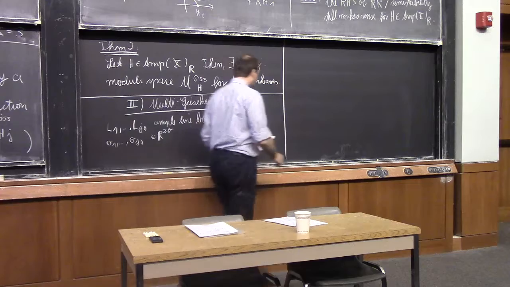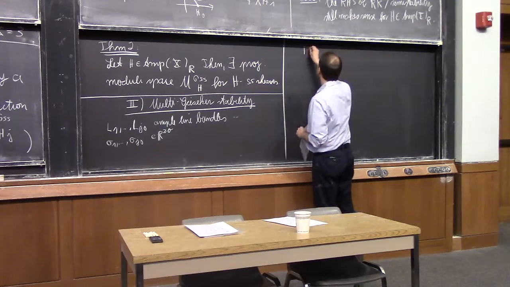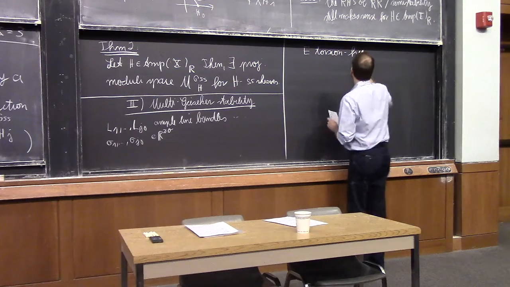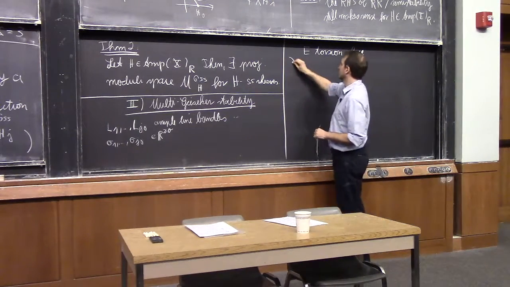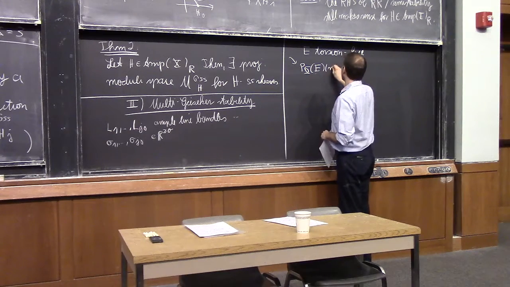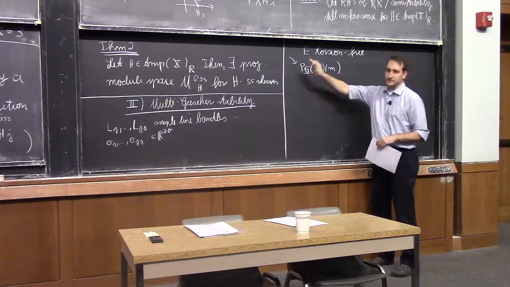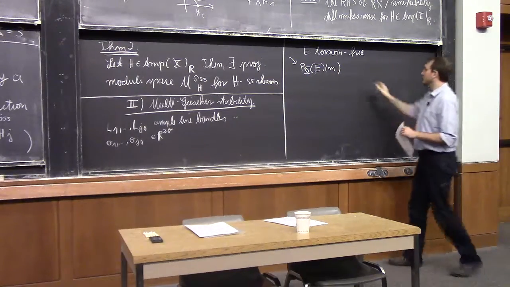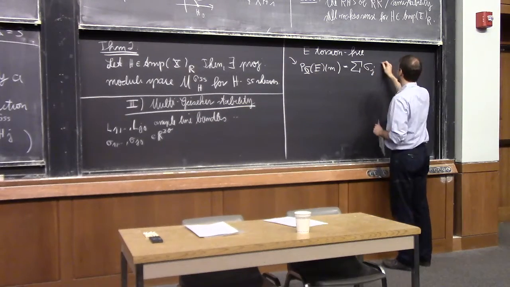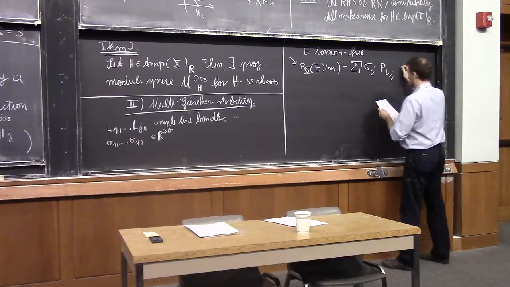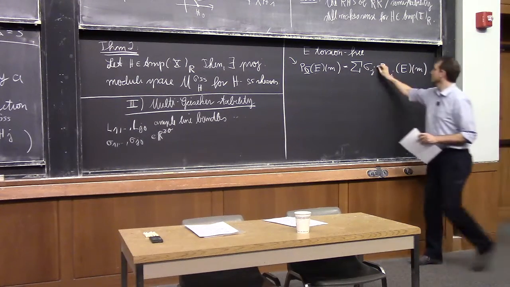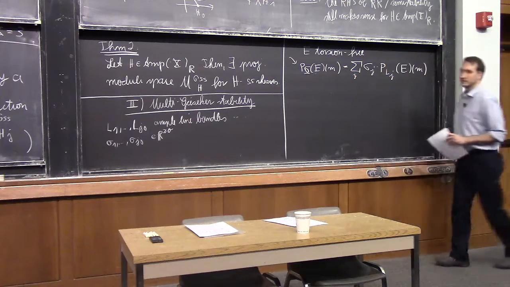Okay, and then if E is again a sheaf, assumed to be torsion-free, because that's what I'm going to be looking at, I define P sigma of E of M, a polynomial, and already you see I dropped the L's, to be the weighted sum of the Hilbert polynomials with respect to the individual line bundles.